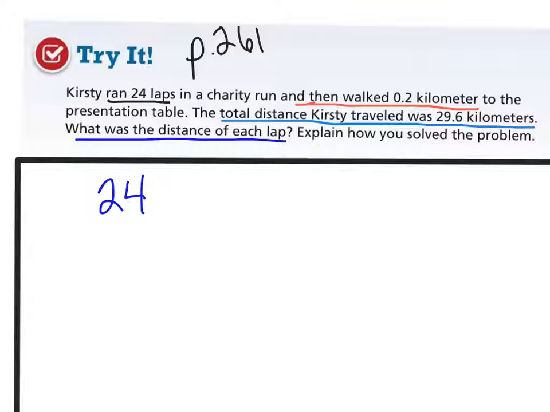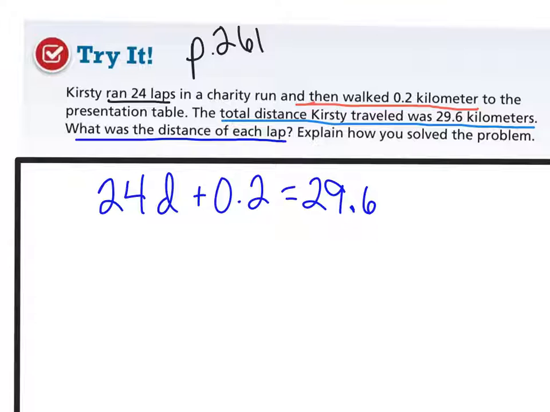If you want to do D for distance that she ran each lap, or L for laps, the amount that she ran for one lap, whichever one you want to do there. So that's the amount she ran altogether, and then she walked 0.2 of a kilometer, and that's equal to 29.6 kilometers altogether.